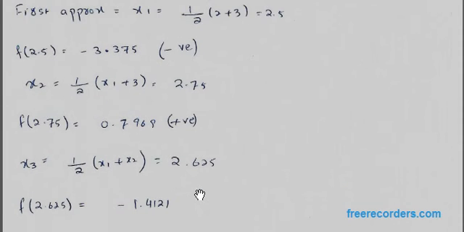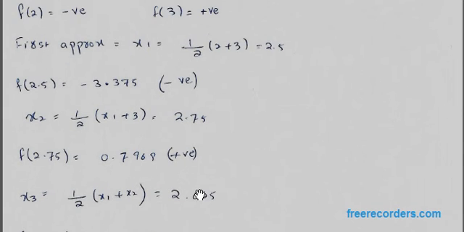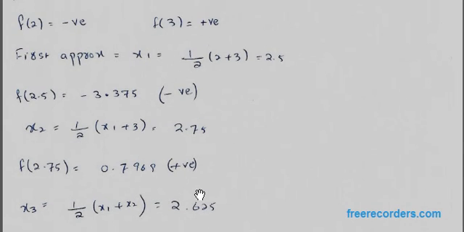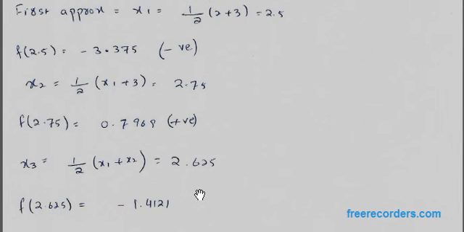Then I go to my third approximation, x3. We can see that x2 has a positive sign and x1 has a negative sign. Then I choose these two values for my third approximation. x3 is equal to half times x1 plus x2, and the answer comes out 2.625.